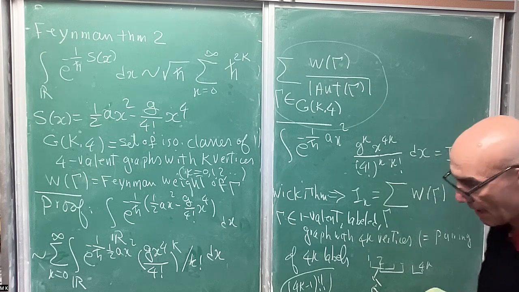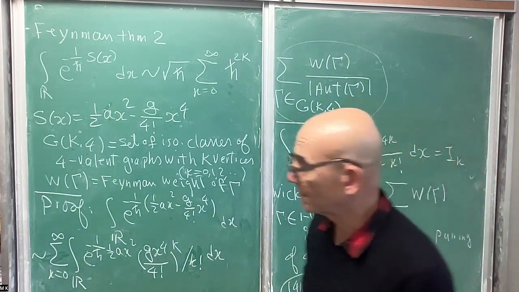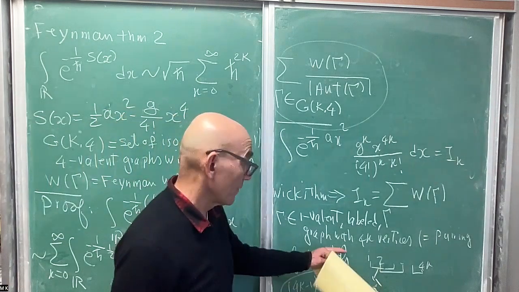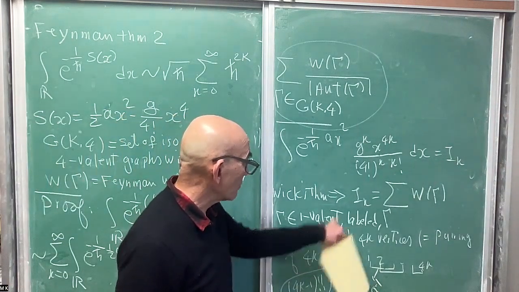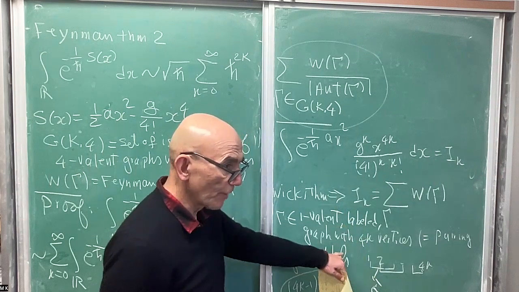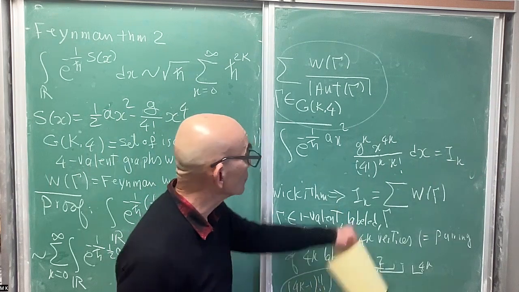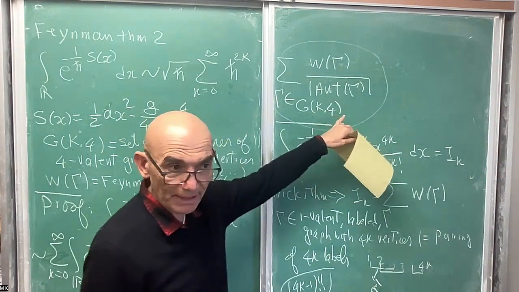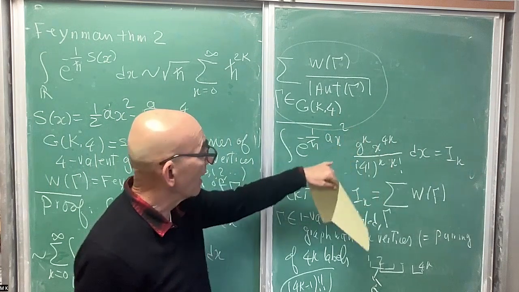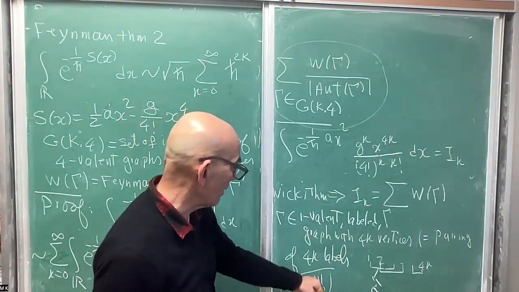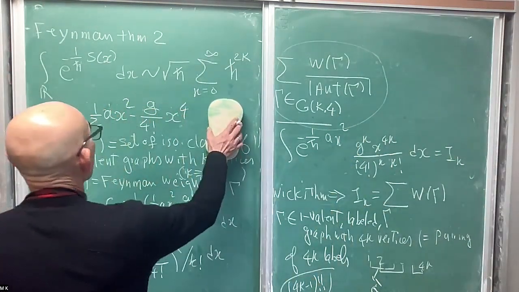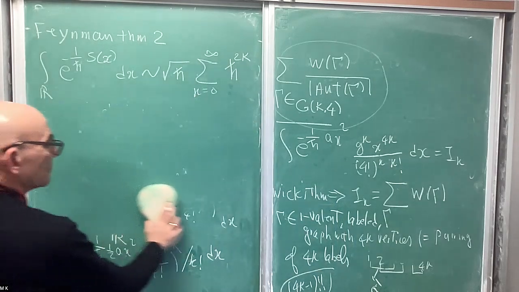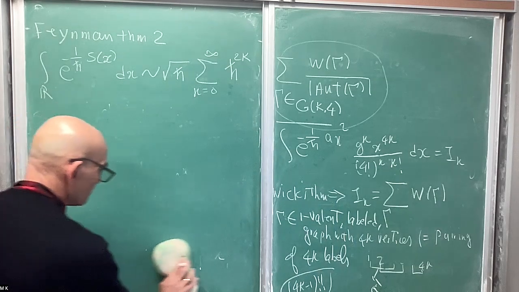So the trick that is Feynman's contribution, really, I'm guessing, is not to use Wick's theorem, but to directly use graphs like this, which are much more interesting. And there are much fewer such graphs than one-valent graphs. So let me tell you now the trick. I don't want to erase the theorem, so I'll just keep it up there.